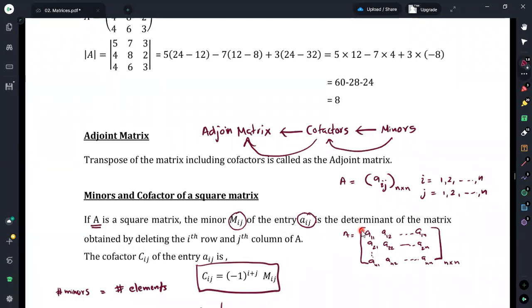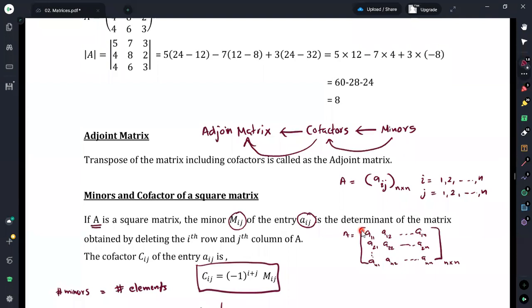But for the calculation, using the sign pattern will be much easier than this. But you can use one of the methods for solving it. If you are using the equation, then the equation says that here Cij is the cofactor. It means that for each entry Aij, there is a minor.